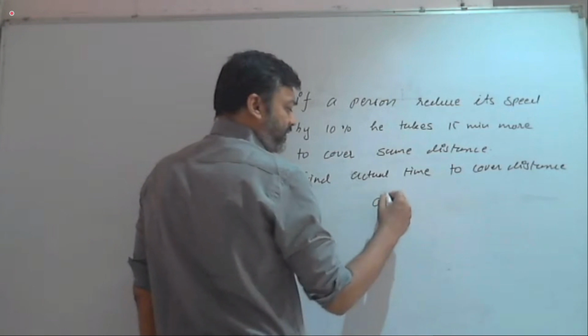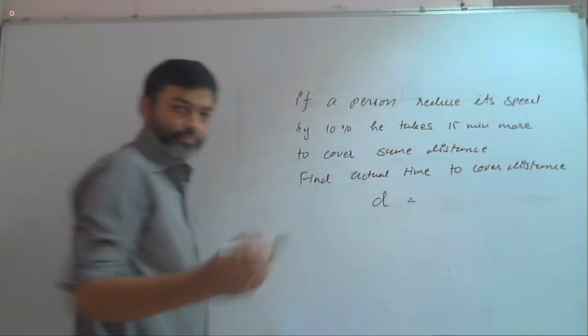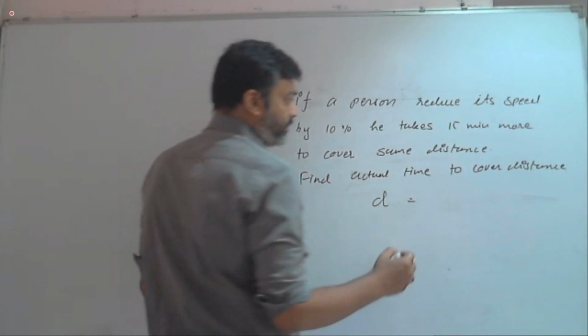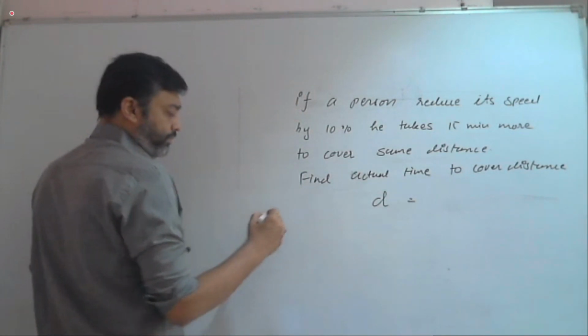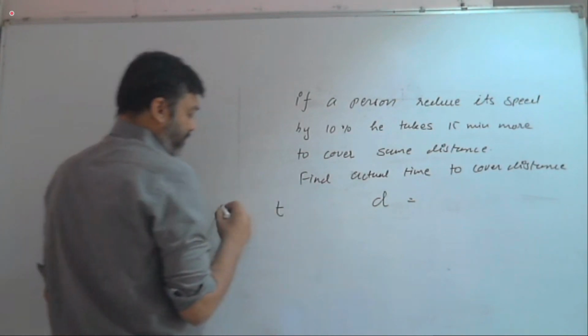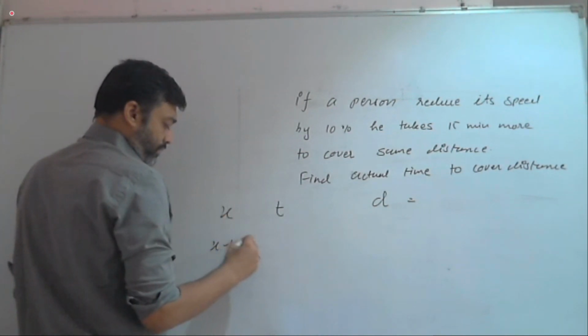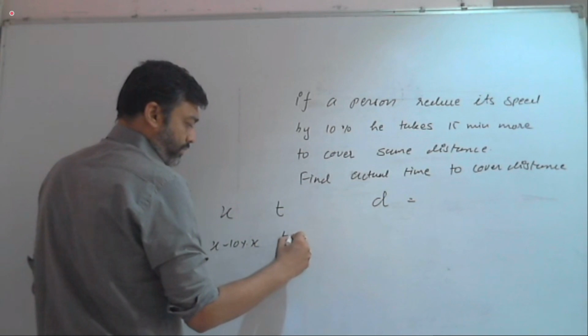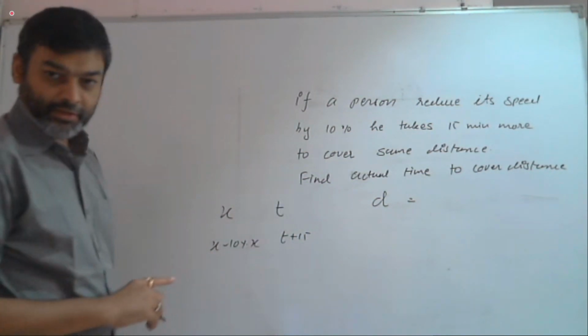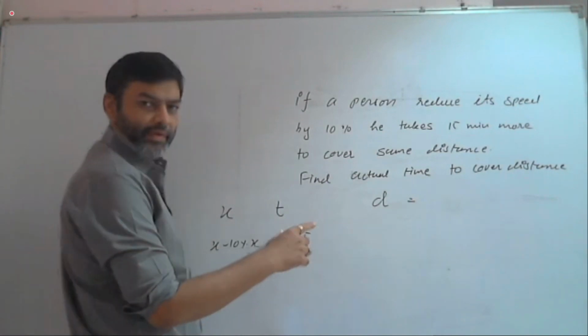Let the speed be x and the time taken by the vehicle be t, and the new speed will be x minus 10% of x, and the new time taken will be t plus 15. By taking its ratio. Yes, so let me come to this one.